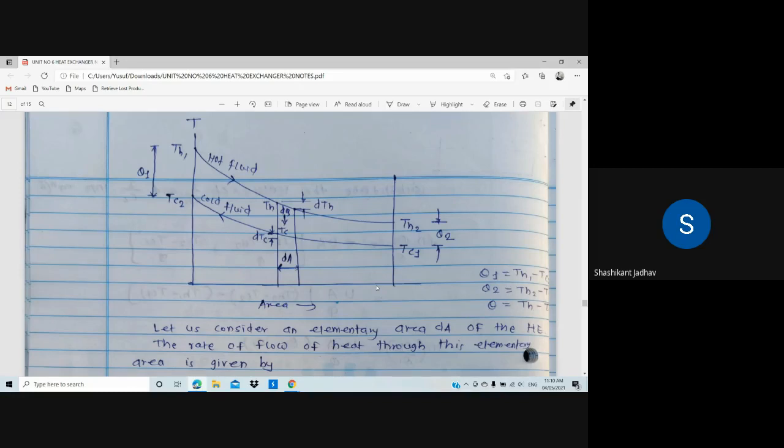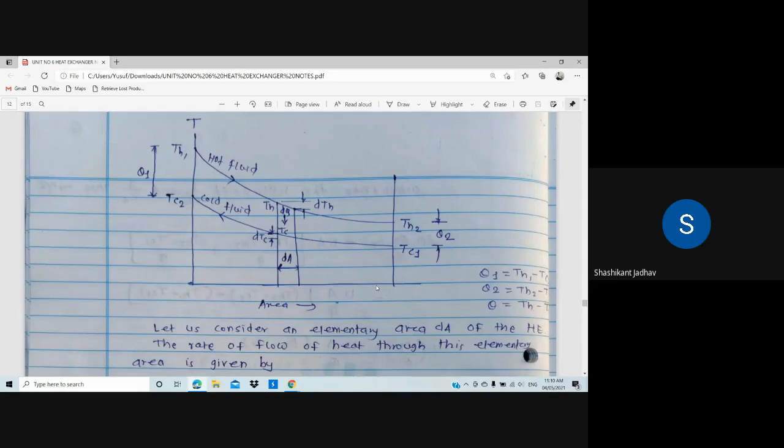Okay, so hot fluid inlet temperature is TH1 and hot fluid outlet temperature is TH2. Similarly, cold fluid inlet temperature, which is at the right hand side, is TC1, and cold fluid outlet temperature is TC2. So TH1 minus TC2 is nothing but theta 1, and TH2 minus TC1 is nothing but theta 2.